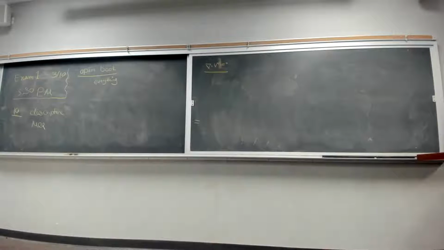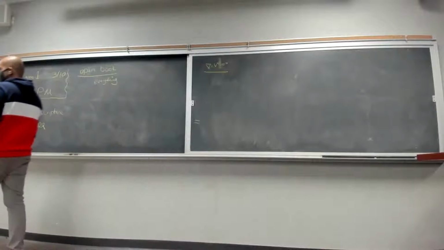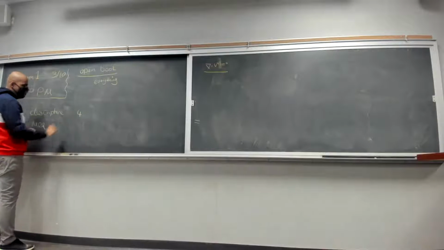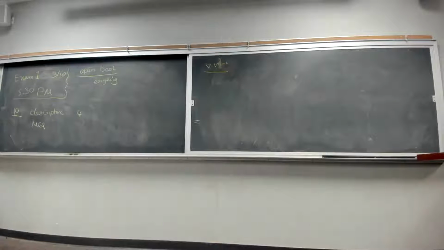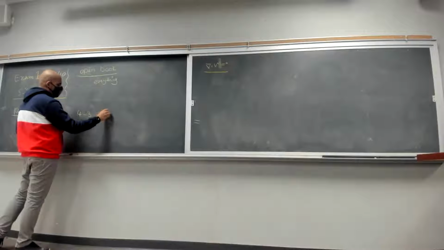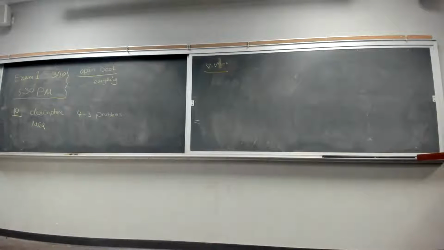And then we are going to get 4. I'm debating this. I haven't designed this part of the exam yet, so it really depends on how hard the questions are. But 4 or 3 problems that you have to solve, depending on how hard the questions are.